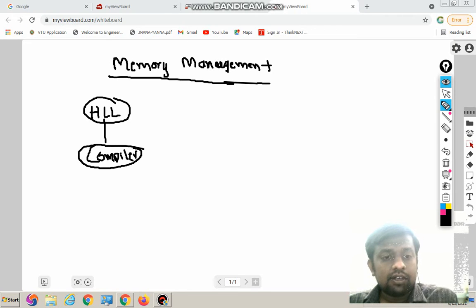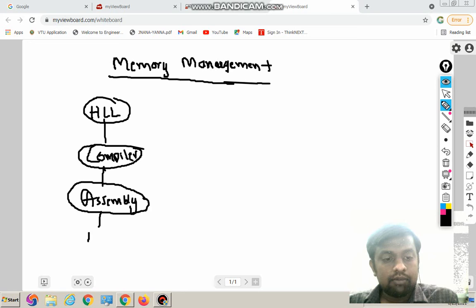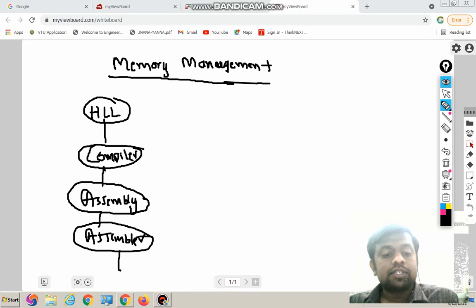This compiler will convert this high level language to assembly language, and later with the help of the assembler, and later on we'll be using the linker and loader to execute that. So initially we write a program in a high level language, then this is given to the compiler, which will convert it into assembly language.